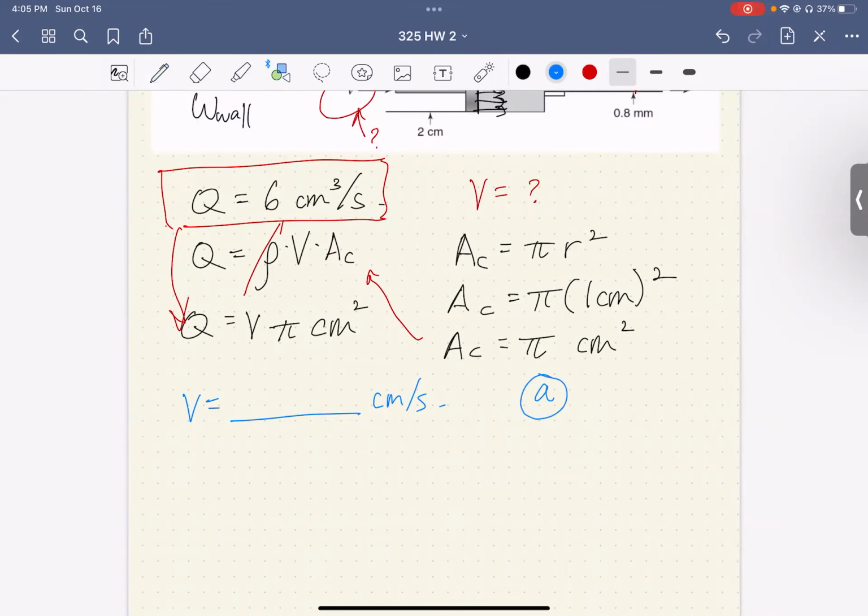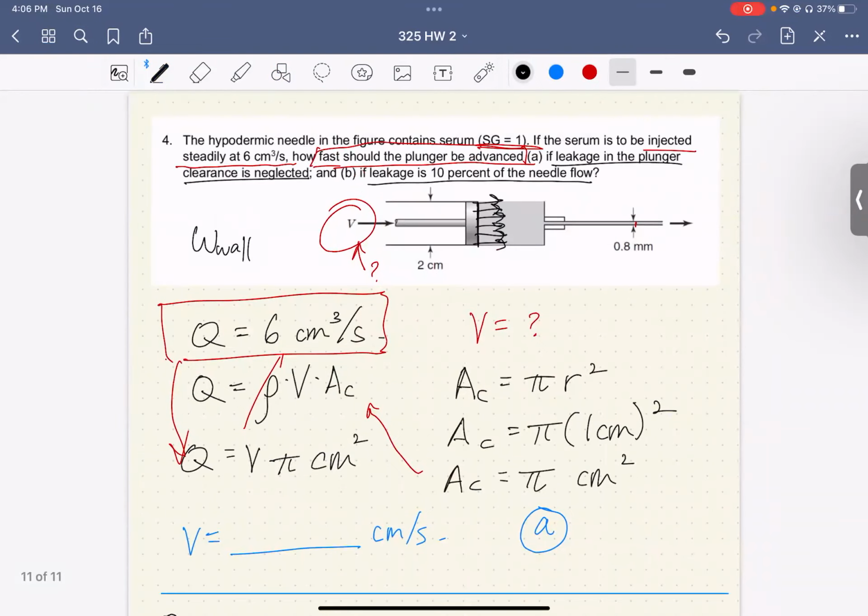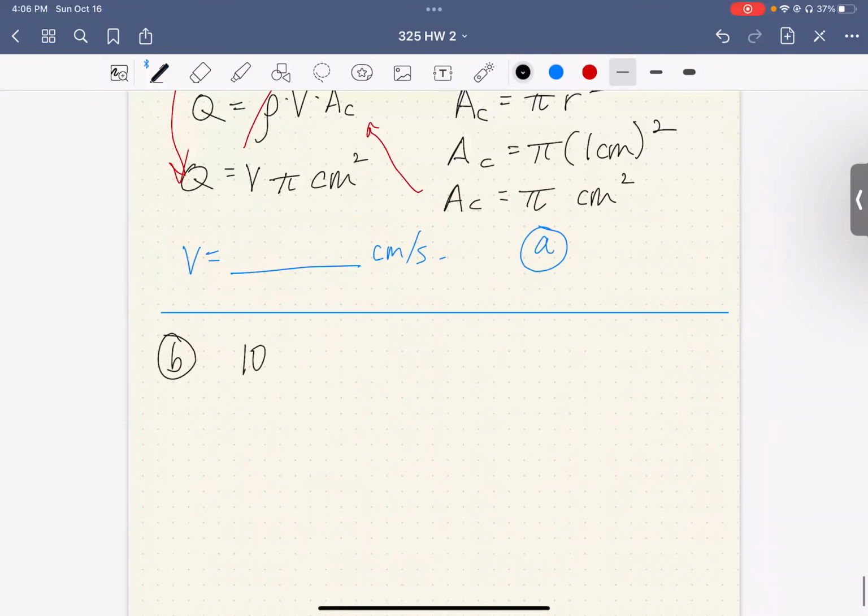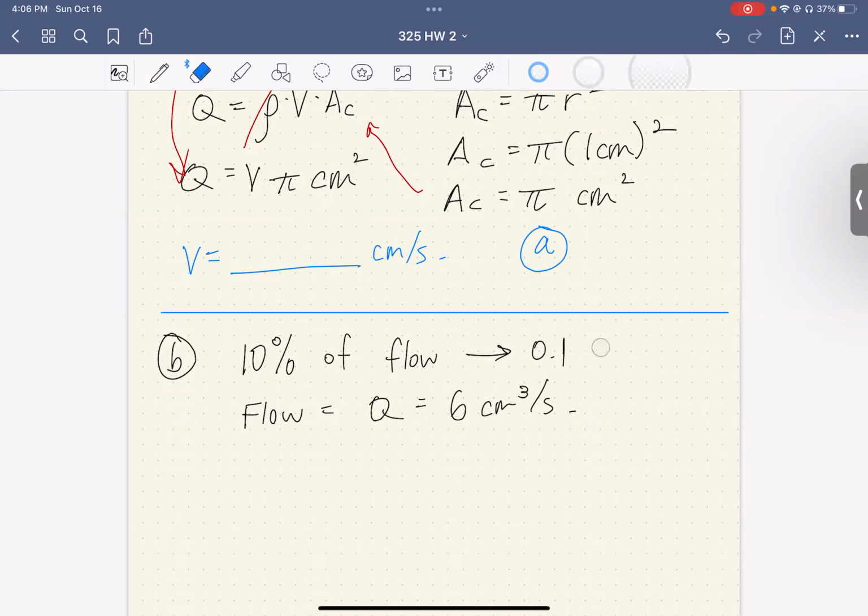So for part B, we know that leakage is 10% of the needle flow. Well, what's the flow? Flow is simply 6 centimeters cubed per second. So what's 10%? 10% is essentially 0.6.